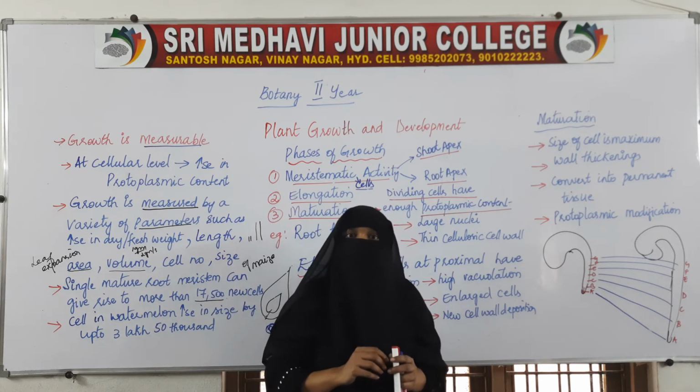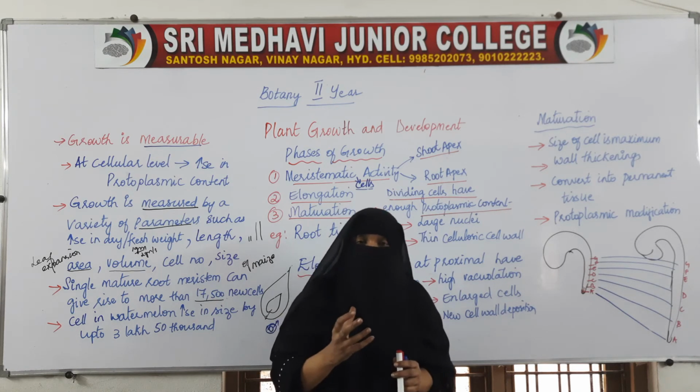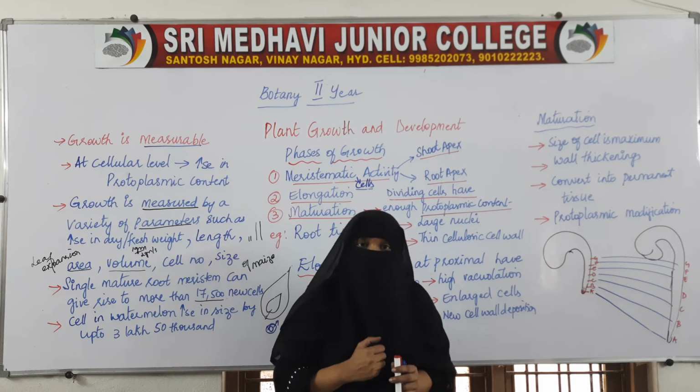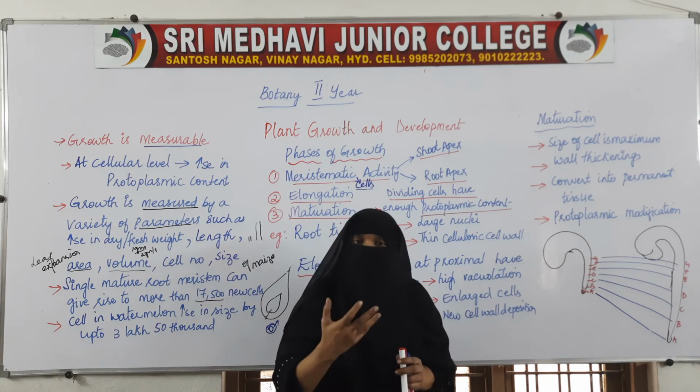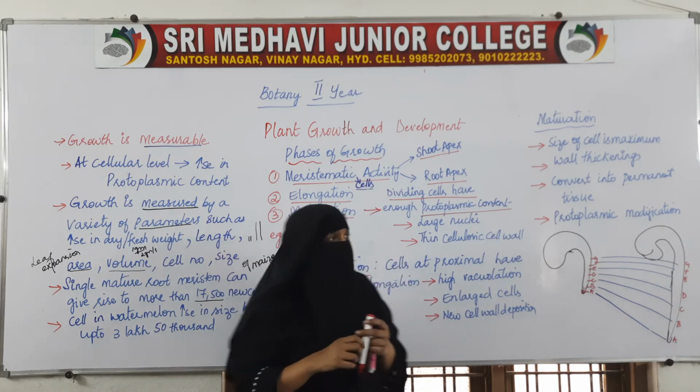The cytoplasmic content of the cell is very important, because it will have all the enzymes. So the more the cytoplasmic content, the more the enzymes, the more the activity.